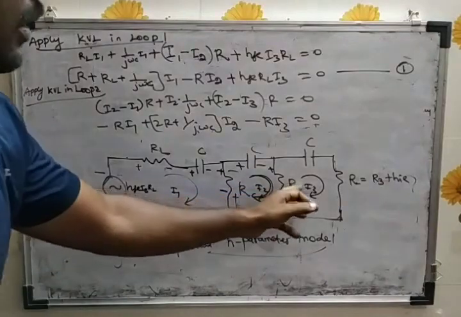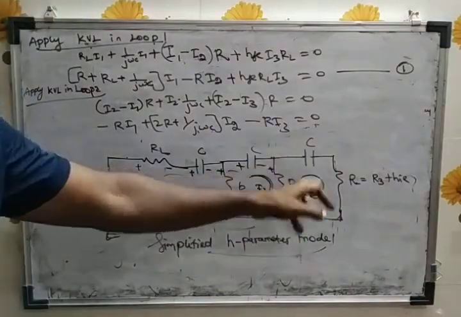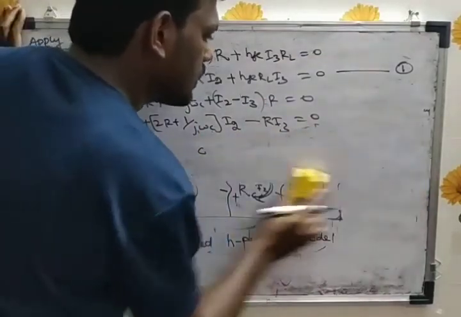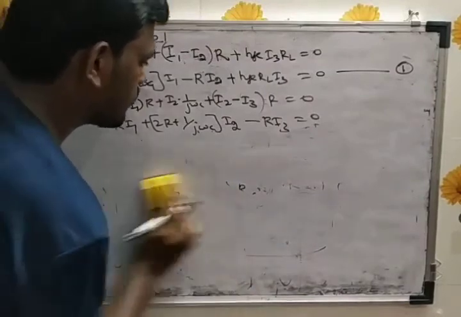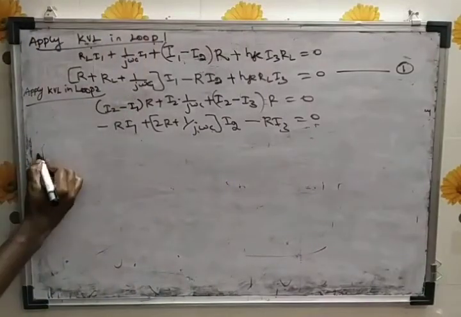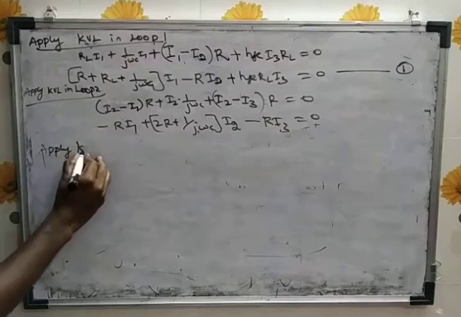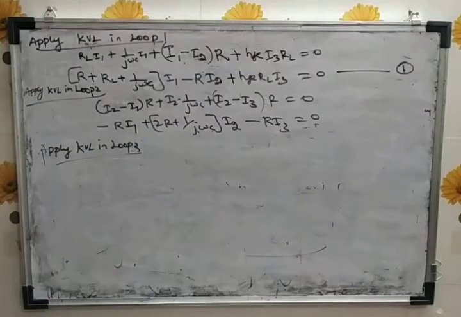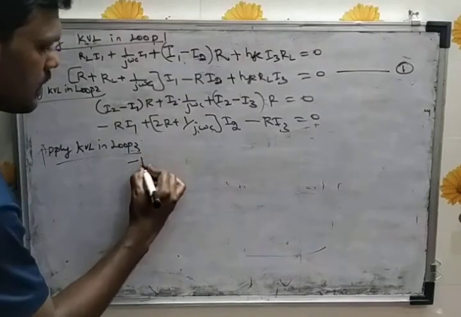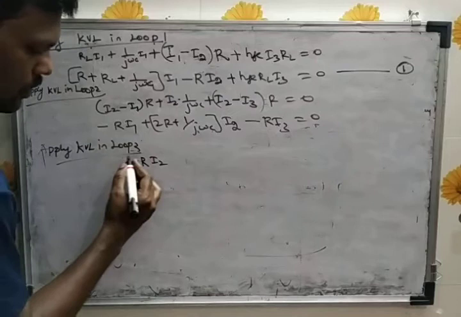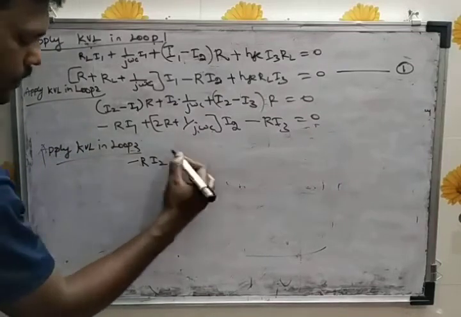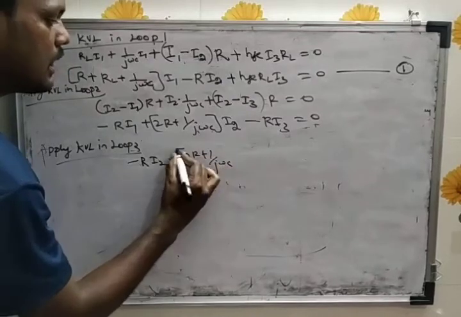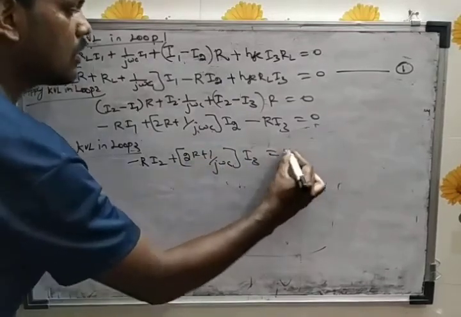Similarly, apply KVL in loop 3. You will get minus R I2 plus 2R plus 1 by j omega C into I3 is equal to 0.